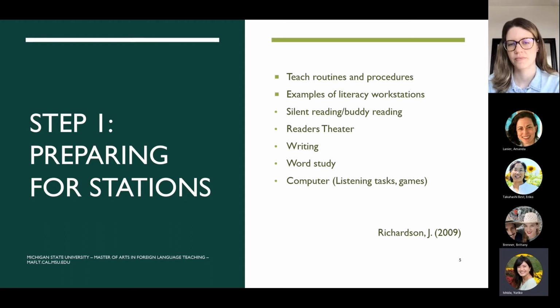All right. So students have to understand what they need to be doing. And again, Richardson, in her book, recommended some literacy workstations. For example, they can quietly read or they can buddy read. They get in a pair and take turns to read.